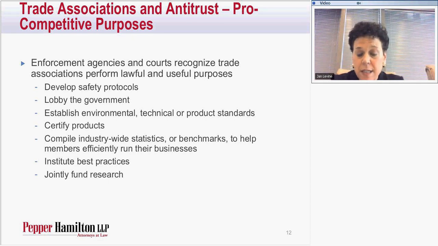Associations compile industry-wide statistics or benchmarks to help members efficiently run their businesses. Later on, we will talk about how to deal with statistics and data that can be shared among competitors without raising antitrust risk. That's the benchmark portion. Associations also institute best practices, and they also jointly fund research. So those are all of the pro-competitive activities that trade associations do.